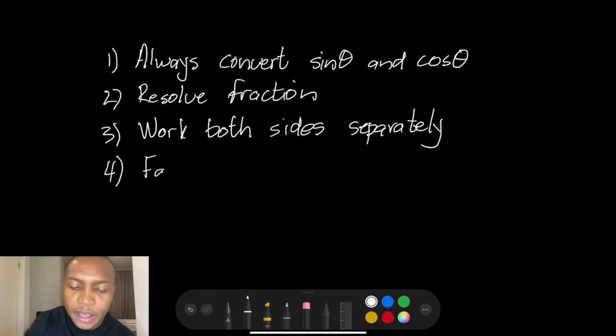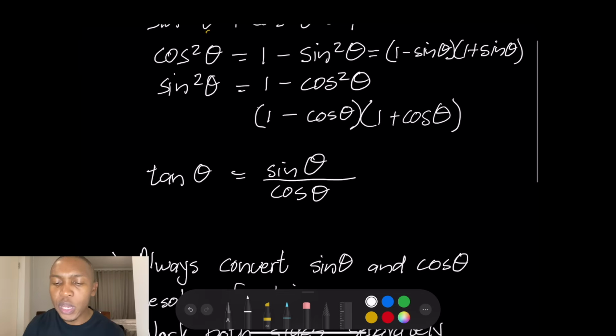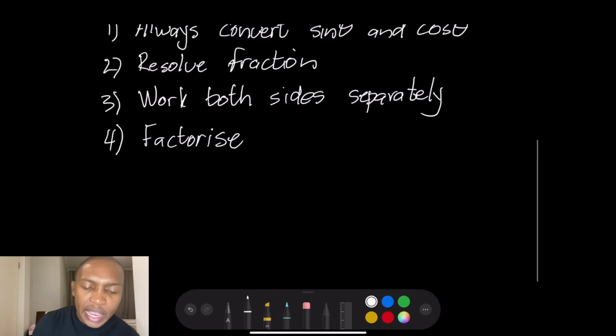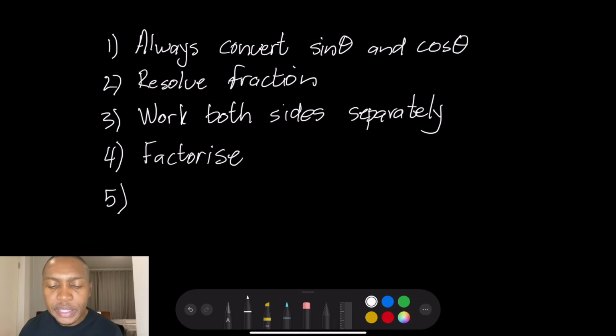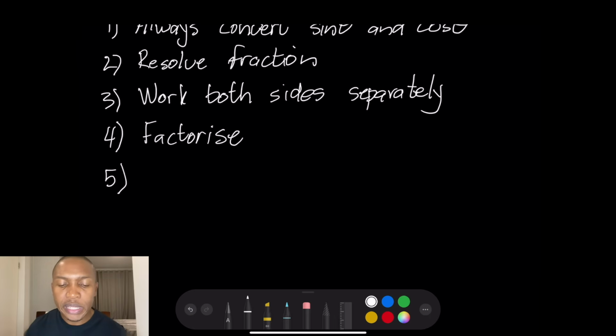Just look out for opportunities to factorize, just like I showed you previously, that you can express 1 minus cos squared of theta as 1 minus cos times 1 plus cos, the difference of two squares. And please just remember, once you've worked out both sides, that's when we can say left-hand side is equal to right-hand side.